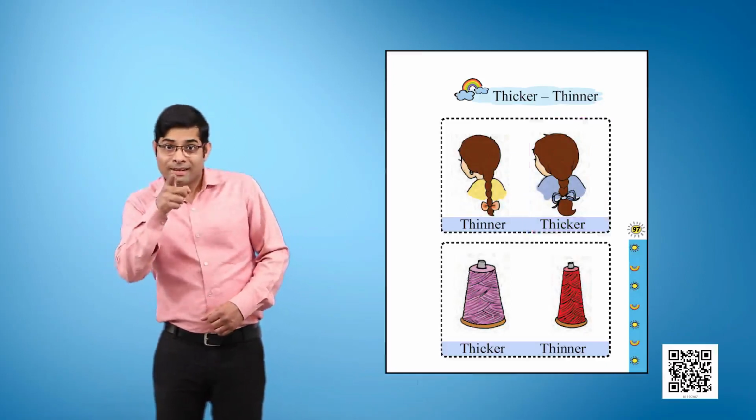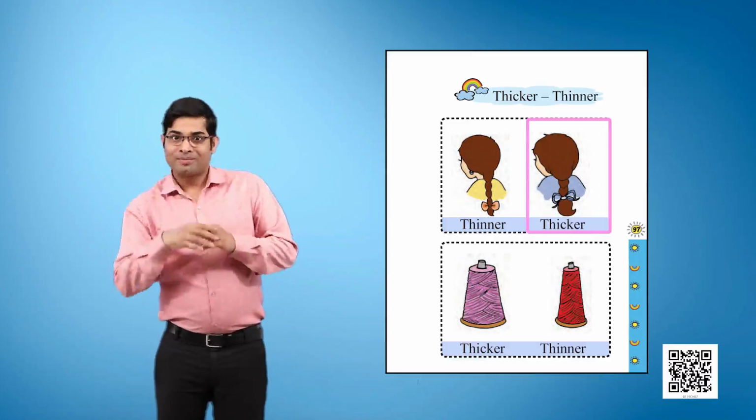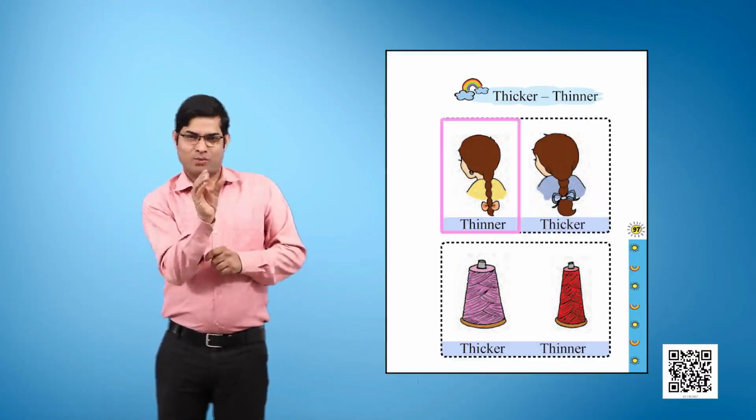Braid of girl 2 has more hair and hence it is thicker than braid of girl 1.